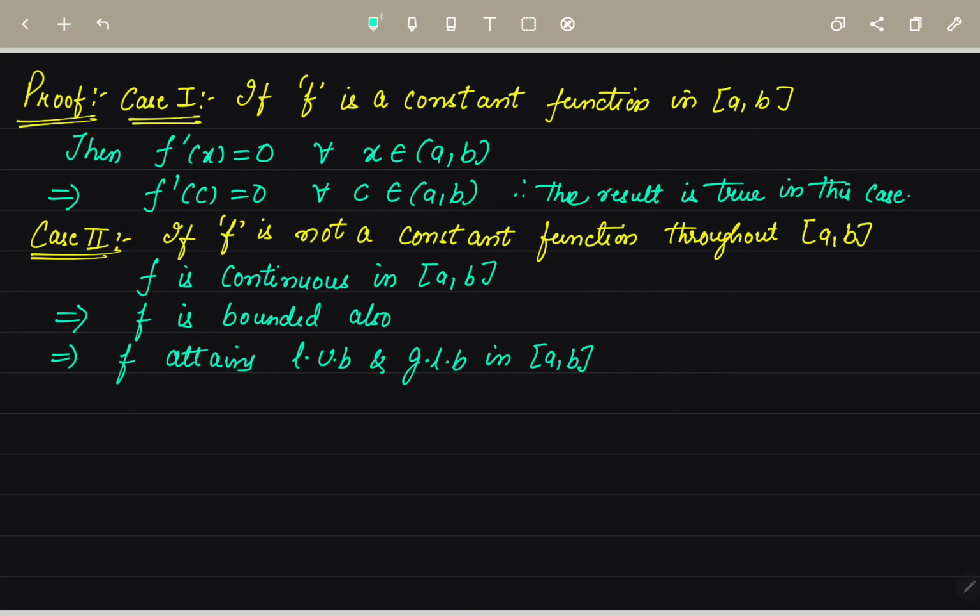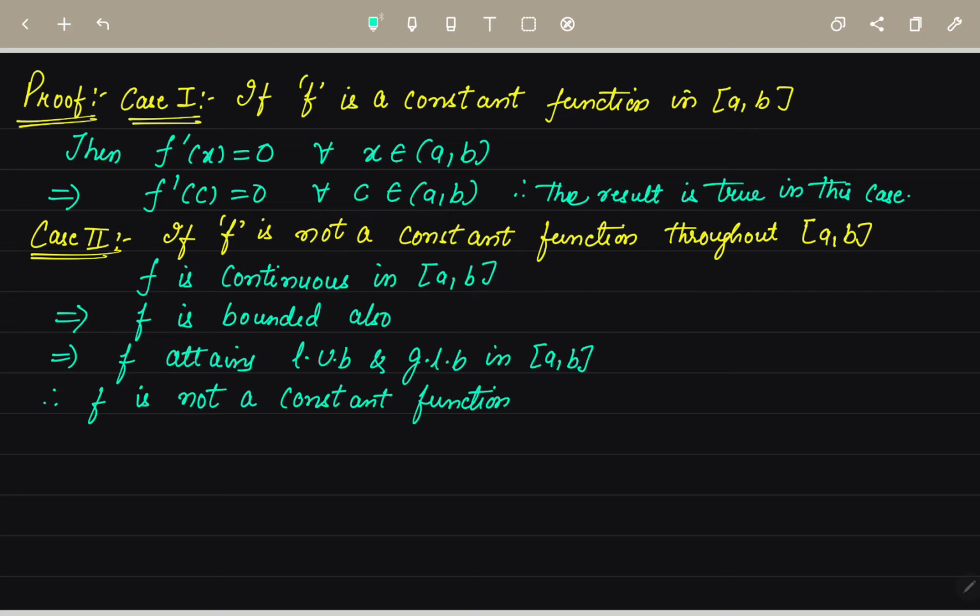Now we are taking that f is not a constant function. Since f is not a constant function, what happens?